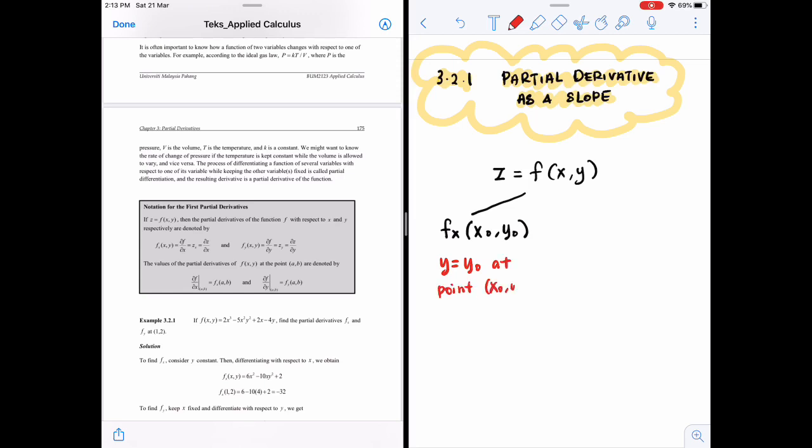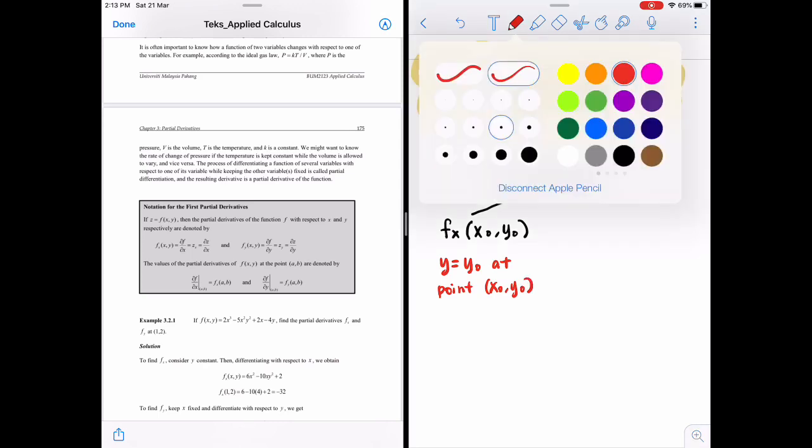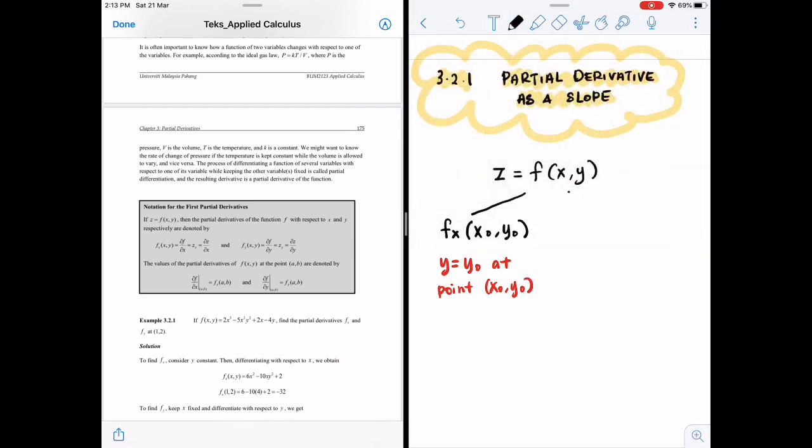(x0, y0). Okay, and if we find the partial derivative of f with respect to y, we will have fy at point (x0, y0), and this partial derivative with respect to y actually represents the slope for the plane x equal to x0 at point (x0, y0).